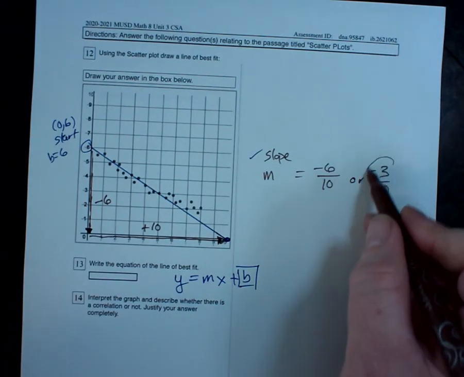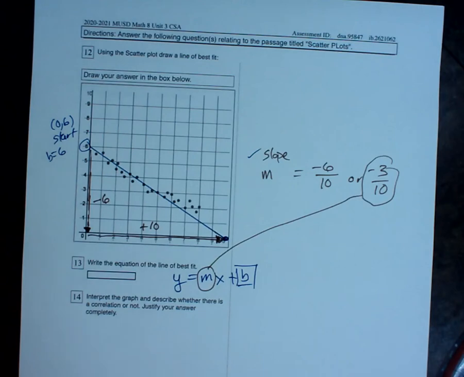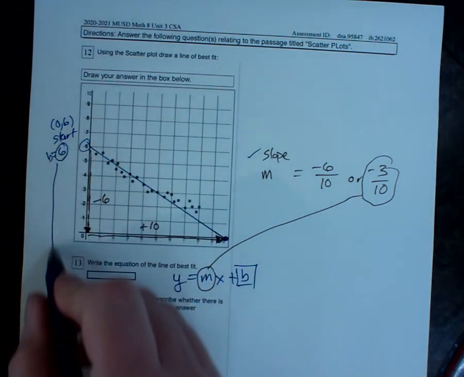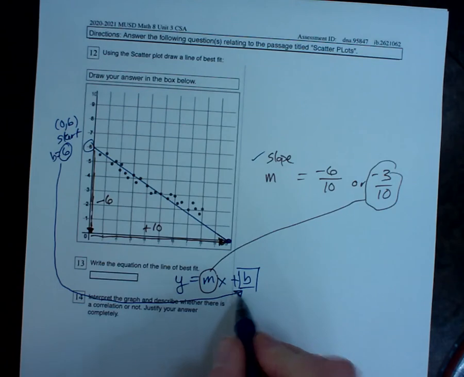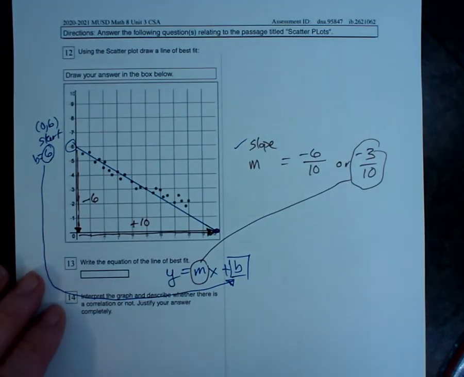So that's your m, and then there's your b. And you're done. You leave the y, you leave the equals and the x.